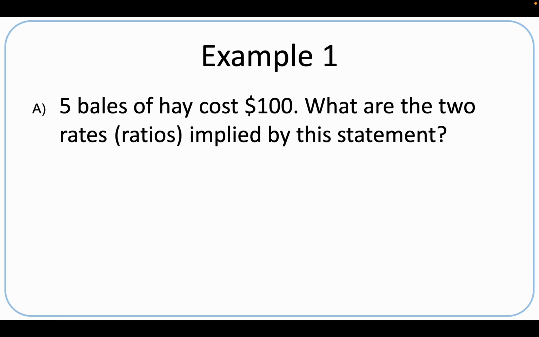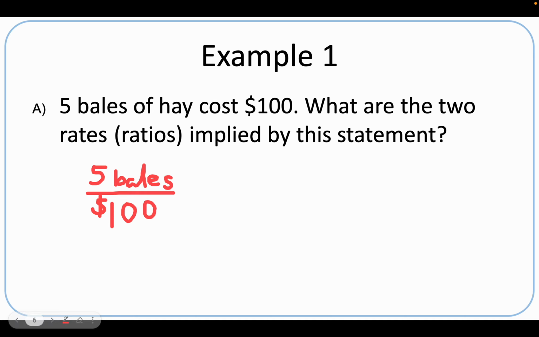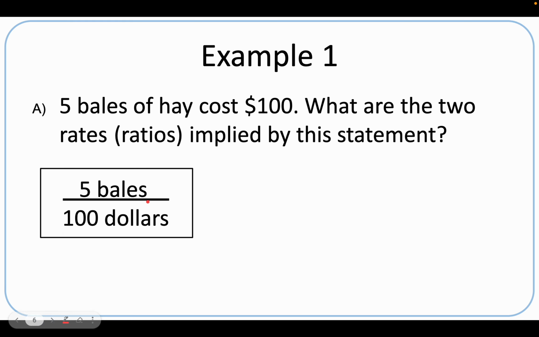So let's say that 5 bales of hay cost $100. What are the two rates or ratios implied by this statement? So we can write this in two different ways. Okay, so we have 5 bales per $100.